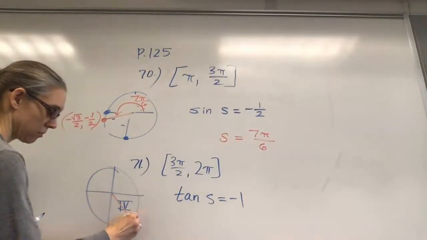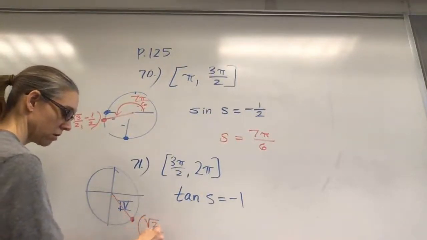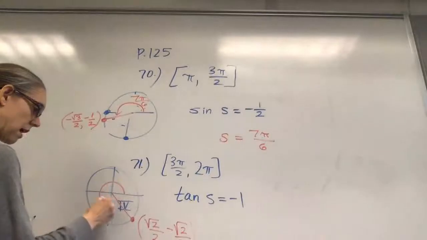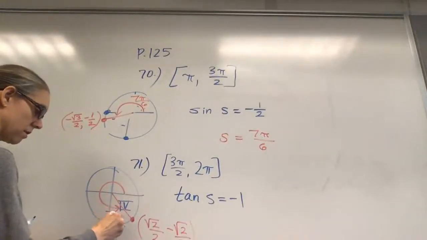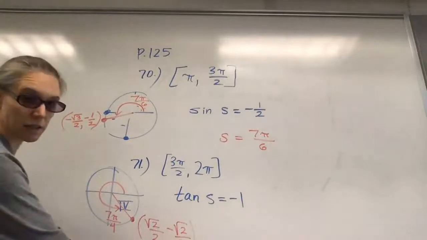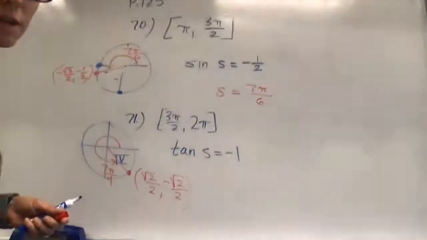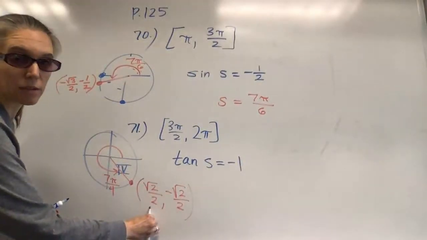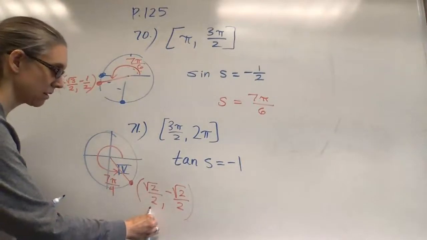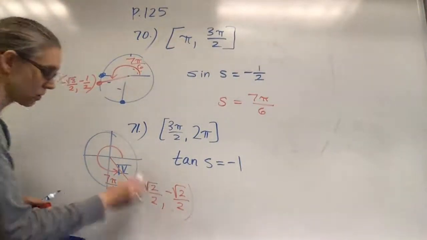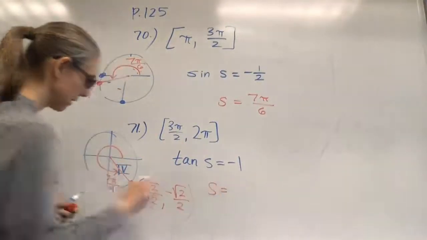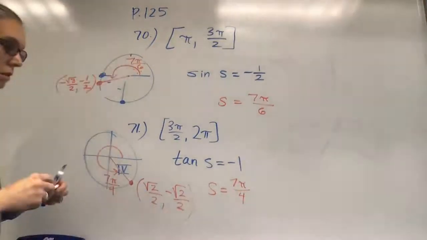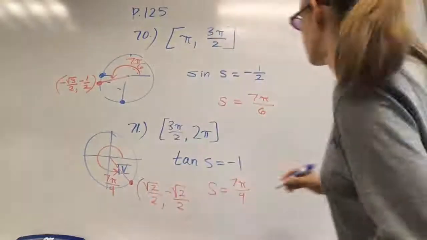And if we go right here to this point, we see that this is root 2 over 2, comma, -root 2 over 2. This is at 7 pi fourths. If you divide your sine value by your cosine value, sine divided by cosine is going to be -1. So that means that the tangent would be -1, which means that s has to equal this angle here, 7 pi fourths.